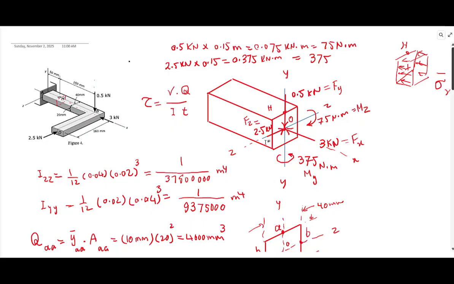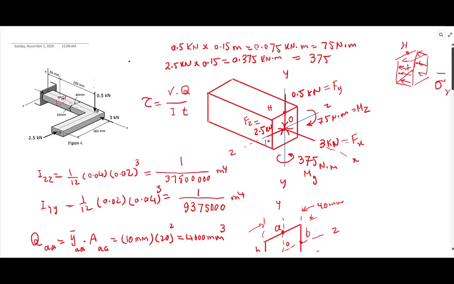All right, the next thing is these moments, they would make a linear distribution of the stress from the top fiber plane to the bottom fiber plane, and at the neutral plane the normal bending stress becomes 0, it becomes maximum at H. It is 0 here and changes direction at the opposite side.